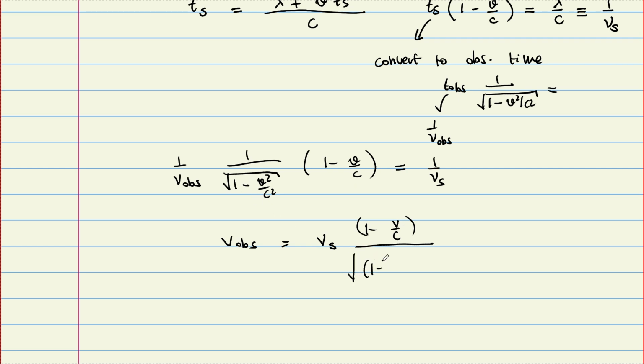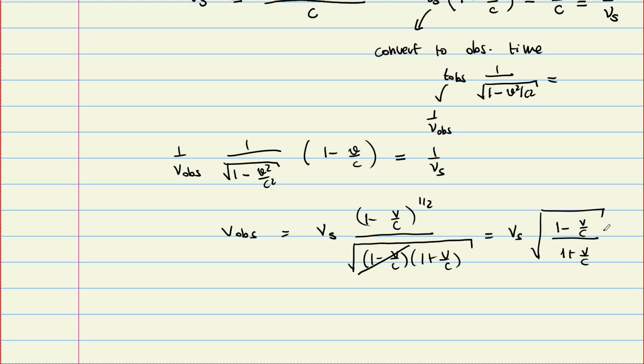I'll write this as 1 plus v over c, and cancel this and put 1/2 here. This is going to be nu source times 1 minus v over c divided by 1 plus v over c, and take the square root of the entire thing.